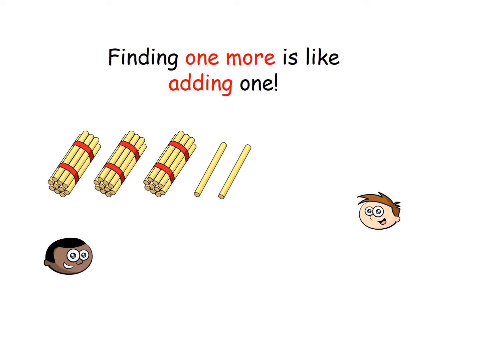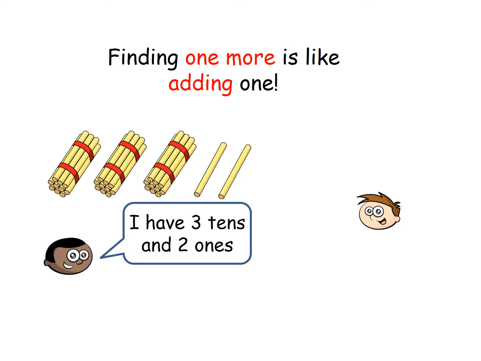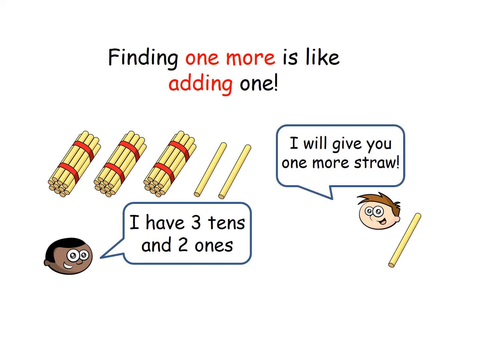So, can anybody count what this number is on my screen? Remember, the big bundles are tens and the single straws are ones. So what's this number? It's 32. Because I have 3 tens and 2 ones, I have the number 32. Okay, and then I'm going to add one more straw.